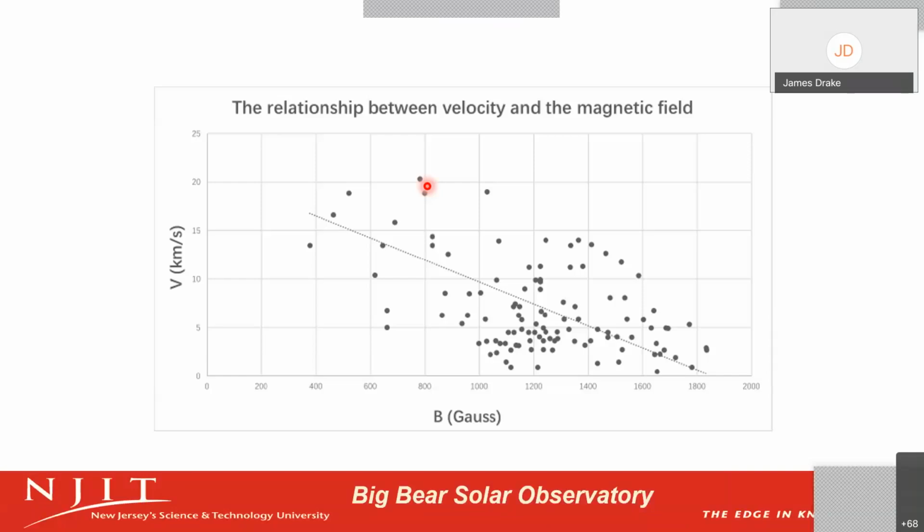Yes, precisely. I think that's the interpretation. You have a fixed reconnection rate in the corona, and if the B is stronger, then per unit time it goes through a smaller area.